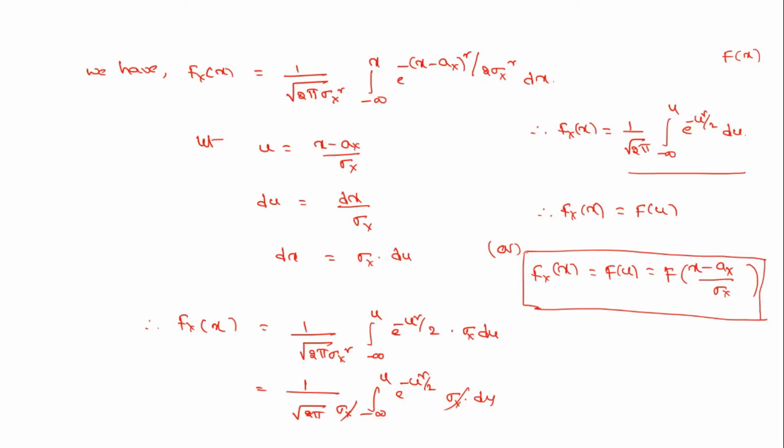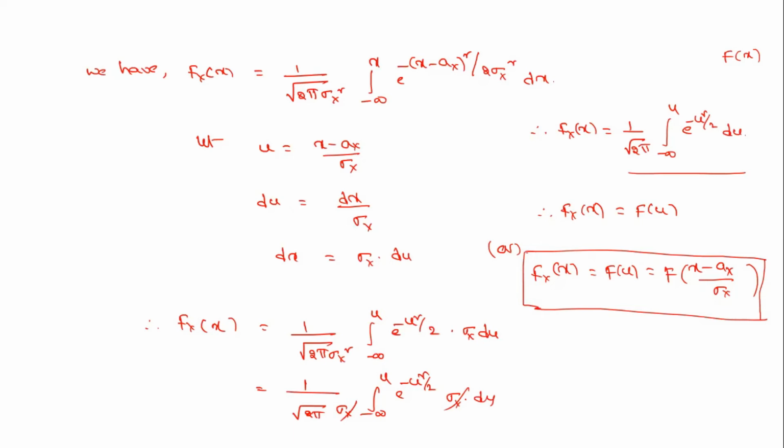So the normalized Gaussian density distribution function is given by fx of x is equal to f of u, that is equal to f of x minus ax divided by sigma x. So this is the relation between normalized distribution function and Gaussian distribution function. And now how to simplify this?